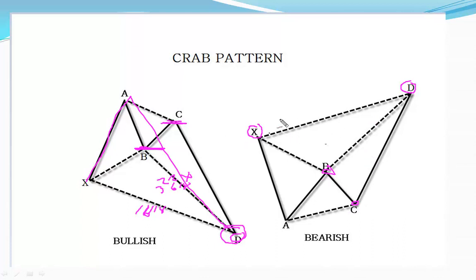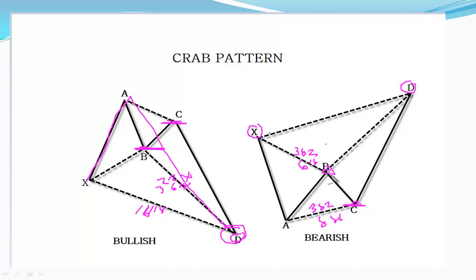So not to get too deep with this one, but I'll just mark out what your levels are. So let's try this again. From X to A, you've got your 382 to 618 retracement. From X down to A up to B, and from A to B down to C, you're looking at a 382 to 886 retracement.